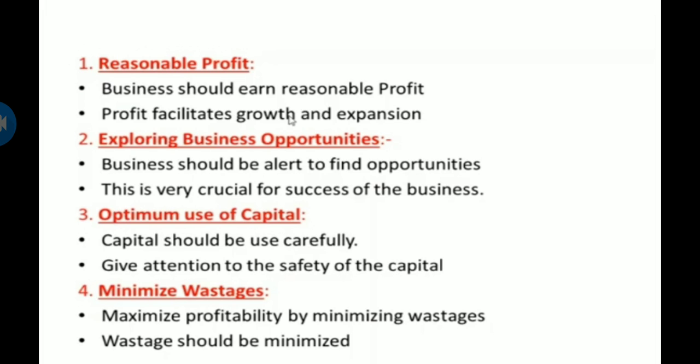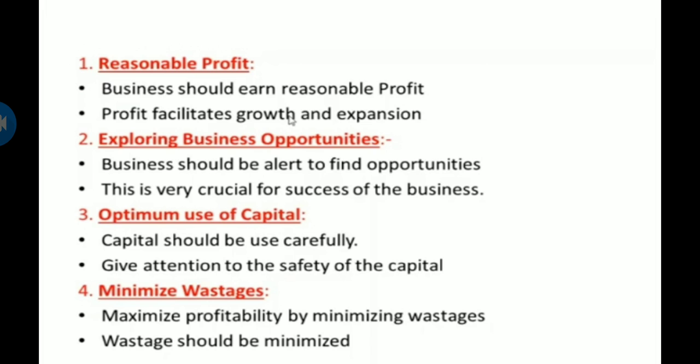And third is optimum use of capital. Capital should be used carefully. Give attention to the safety of the capital. That means available capital should be used carefully and efficiently. Business risk should be considered. Management should give attention to the safety of the capital.